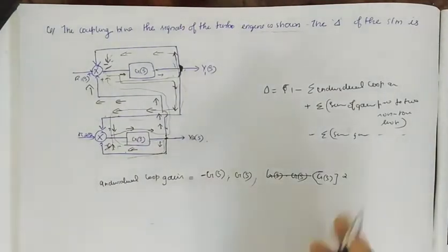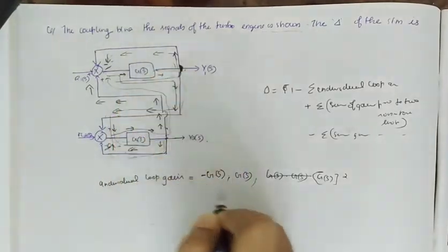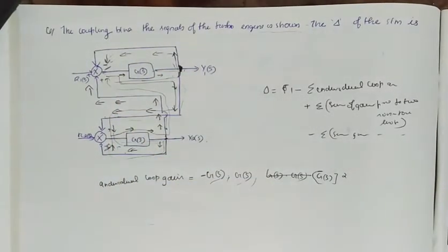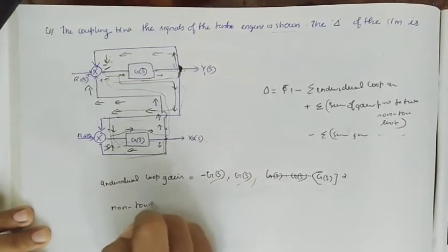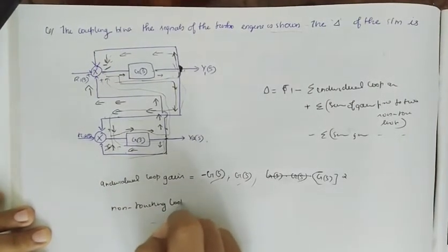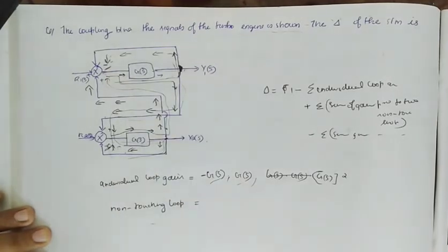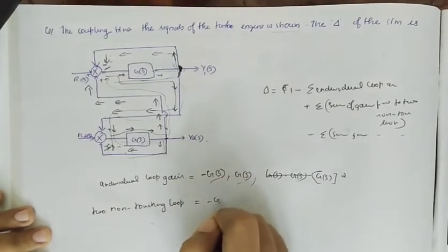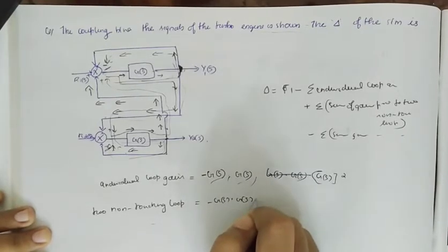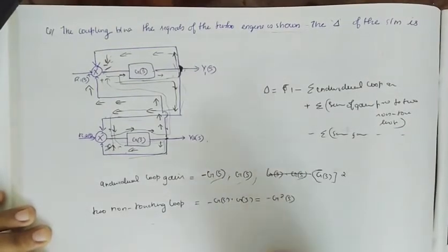So that means minus g of s and plus g of s are two non-touching loops. What we have to do is take their product, that is g of s into g of s, which is equal to minus g square s.